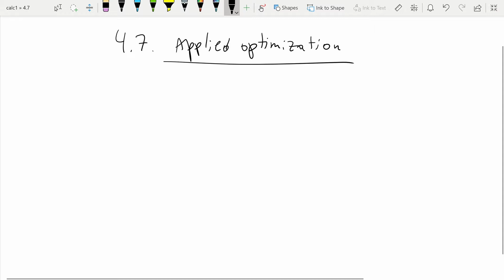So all things that were highly motivated by real world problems. And the development of this technique proved not only applicable to the original problems that they were attempting to solve, but it proved very useful in many other contexts as well.